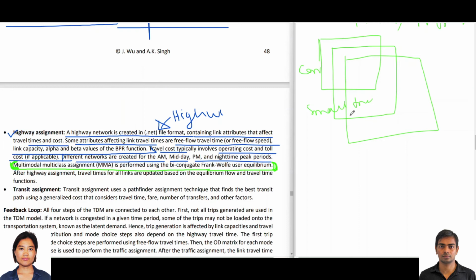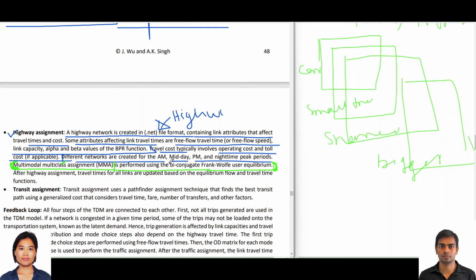The next OD matrix is for shared vehicles. The next OD matrix is for bigger trucks. This is what is meant by multi-class assignment. In multi-class assignment, we are looking at different classes of vehicles, and for each of these vehicles there are different OD pairs. Compared to this, there is a single class assignment, which combines all the ODs to run just a single OD assignment.